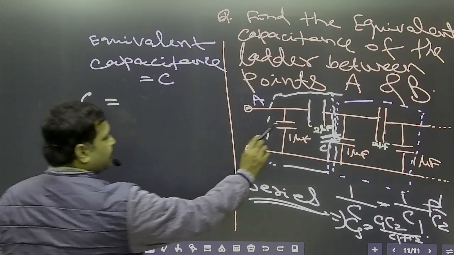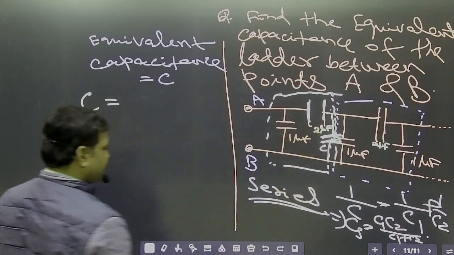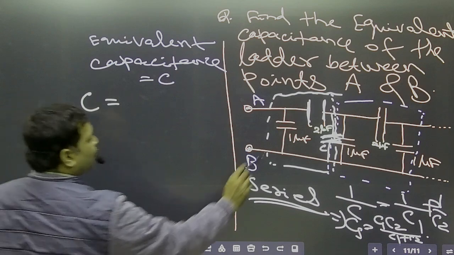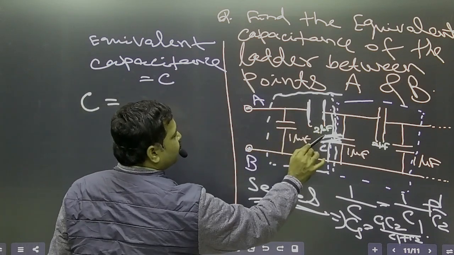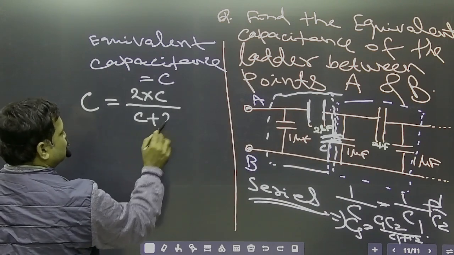Now in this case, this capacitor and this capacitor are in series. So the equivalent capacitance of this series combination will be 2 into C upon C plus 2.